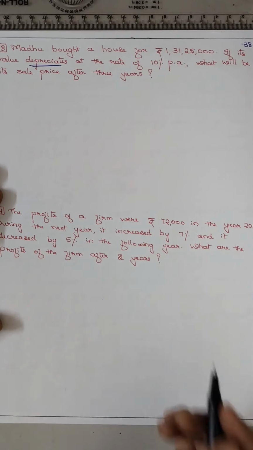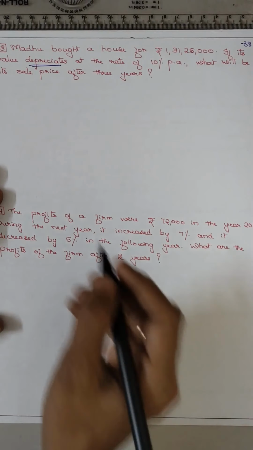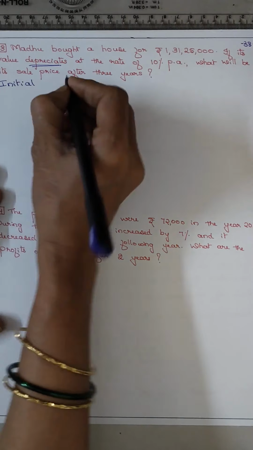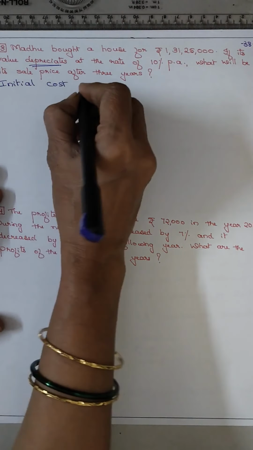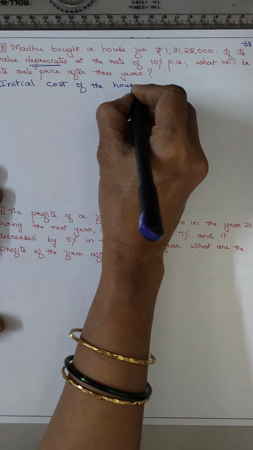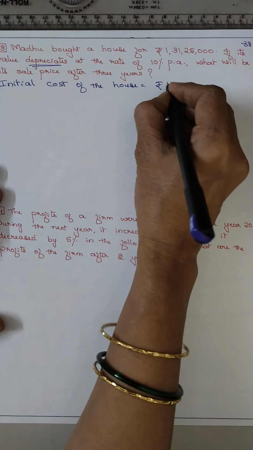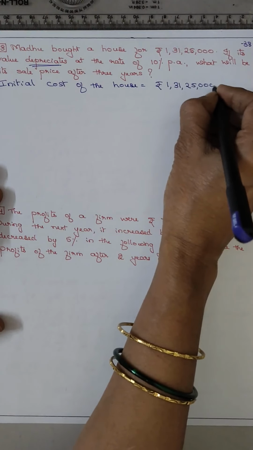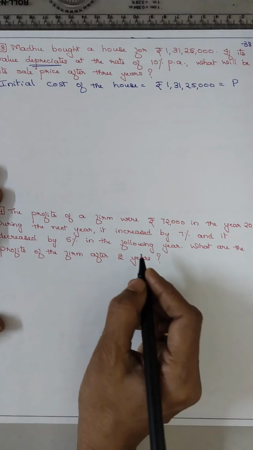So initial cost, isn't it? So first it is the initial, मतलब पहला कितना था? Initial cost of the house is rupees 1 crore 31 lakh 25,000. So it will be P.